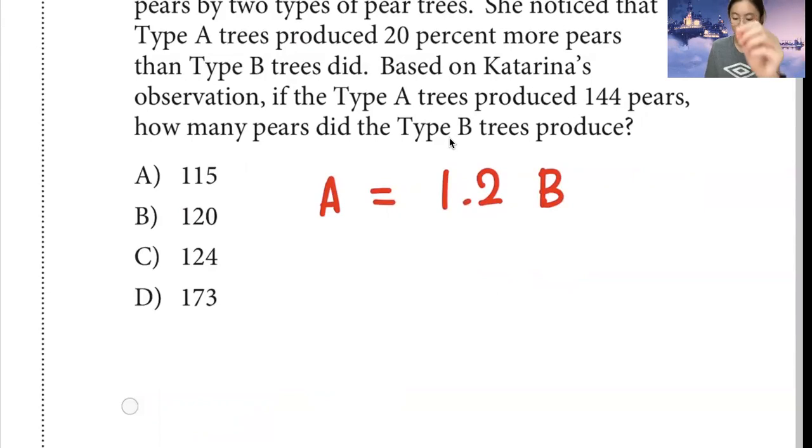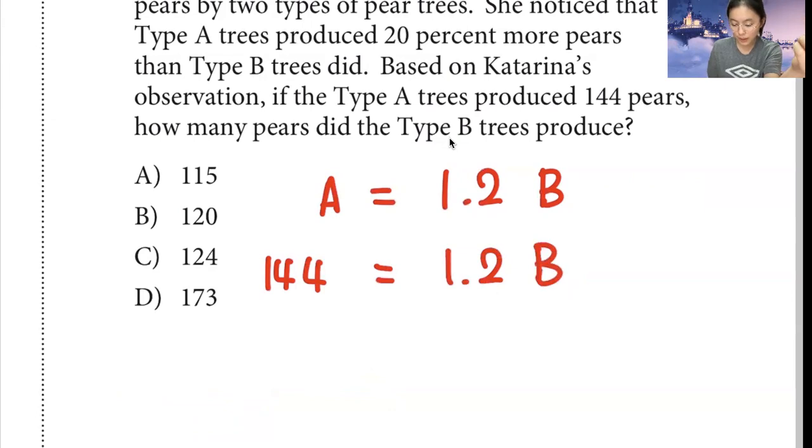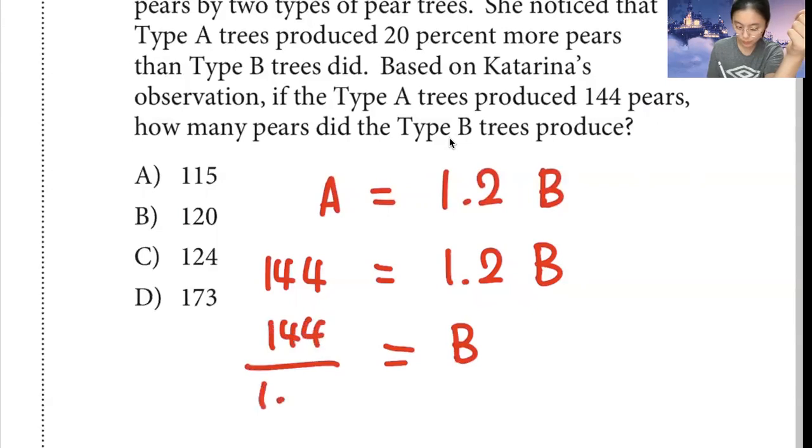And fortunately, we know the number of type A trees, which is 144. So we just replace it by that, and 1.2 times B. We want to know how many pears type B trees produced. So that's going to be B equals 144 divided by 1.2.